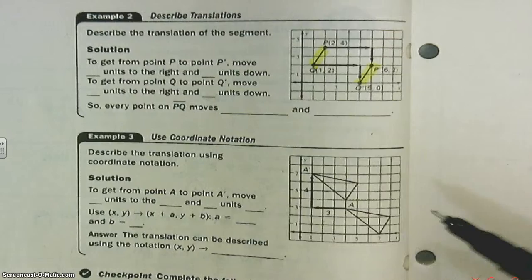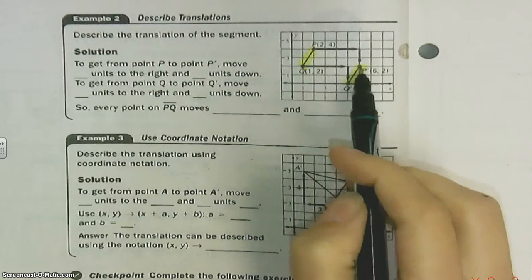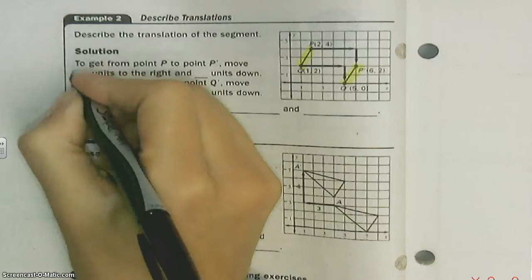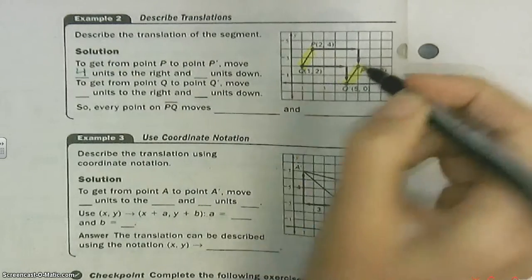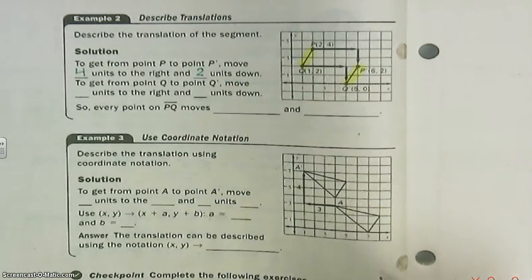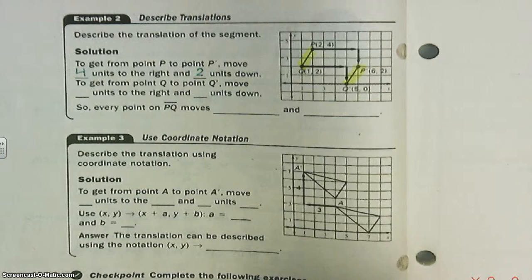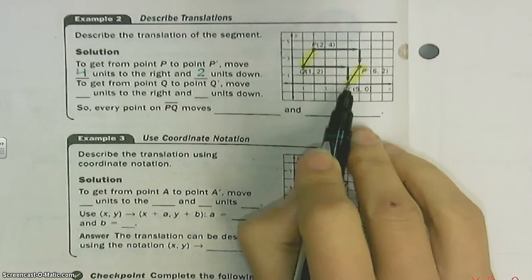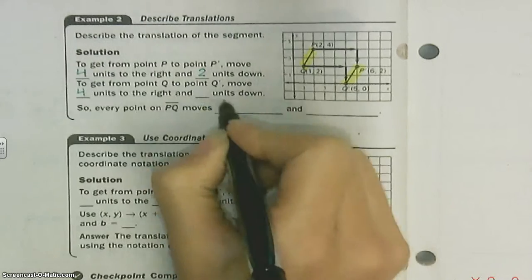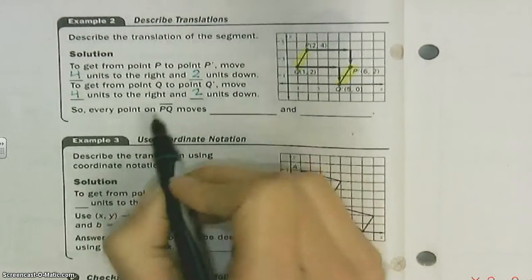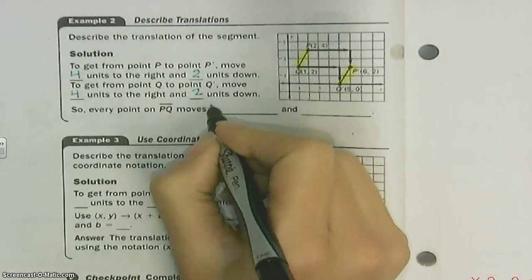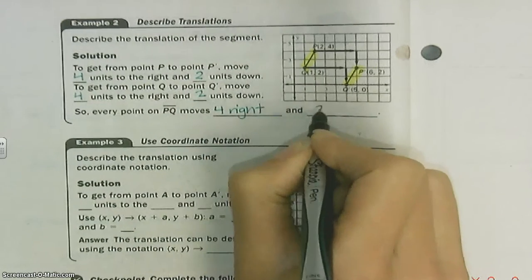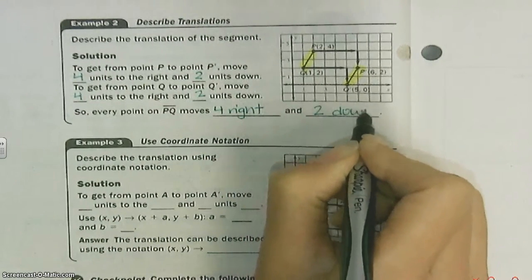To get from P to P prime, we have to go 1, 2, 3, 4 to the right, and 1, 2 down. Now, it should be the same with Q. Let's make sure. 1, 2, 3, 4 to the right, and 2 down. So every point on PQ moves 4 to the right and 2 down.